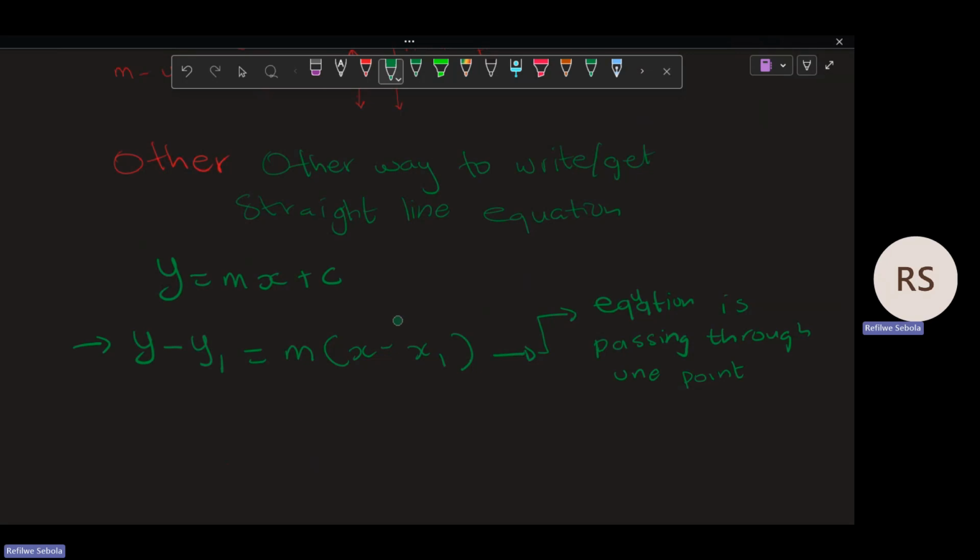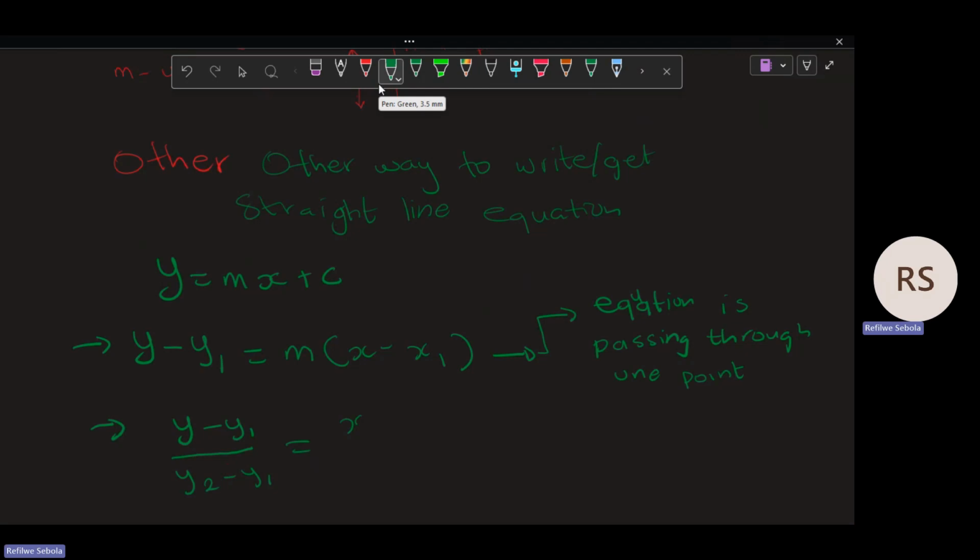We can also write it in the form y minus y1 over y2 minus y1 equals x minus x1 over x2 minus x1. These three equations will definitely give us the same answers.